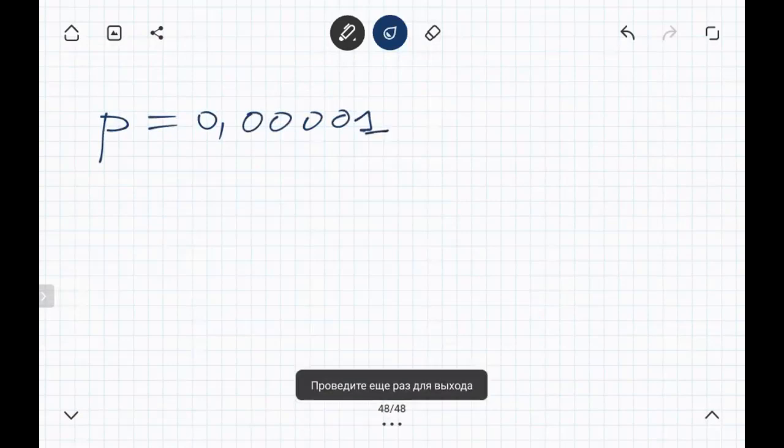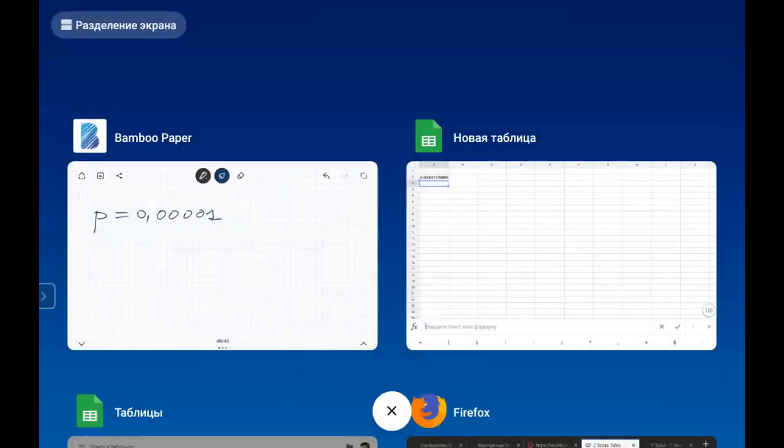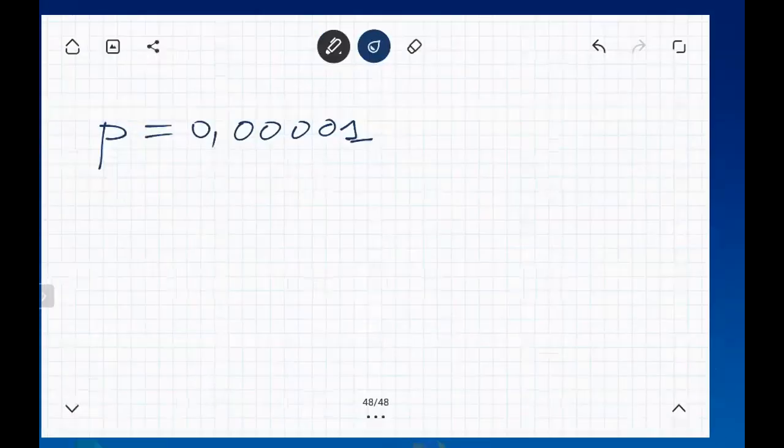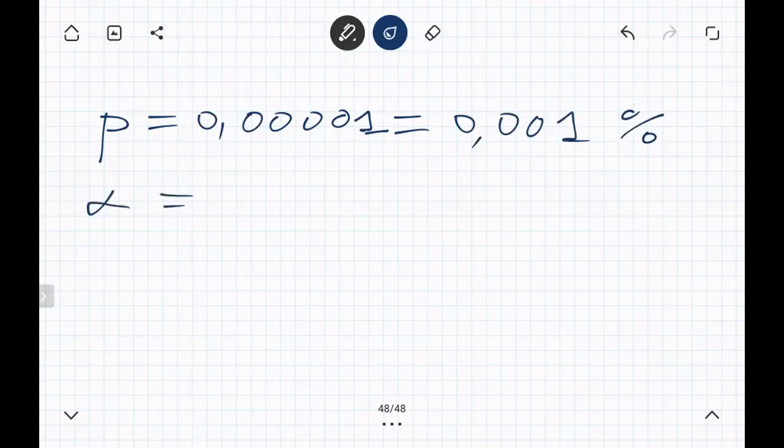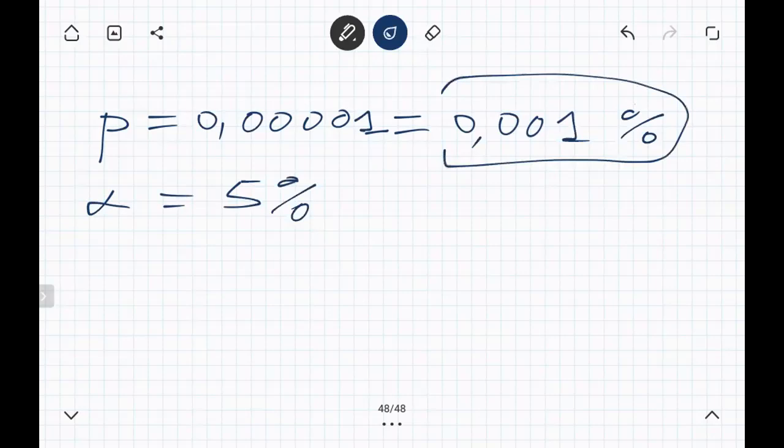So let me check it one more time. Was it really 4 zeros? Yes. If I move to the percentage, it's 0.001%. So we allowed for 5% risk of making a type 1 error, but we only get 0.001.